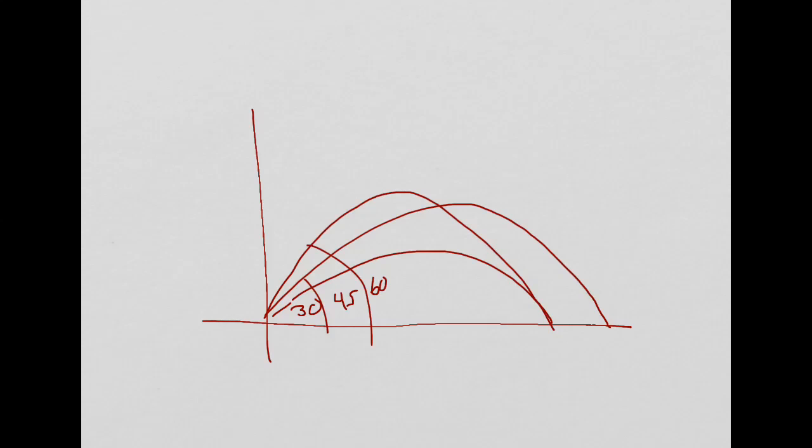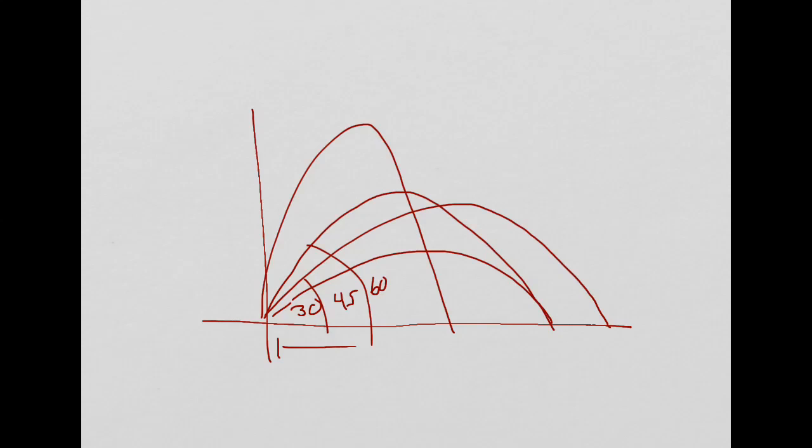Let's say I kick it at an even higher angle, like that. So we see that projections are affected by the angle of projection, as well as the initial velocity. If it has a larger horizontal component or a larger initial velocity, it's going to move further in the horizontal direction. So let's see if we can derive a formula for range.